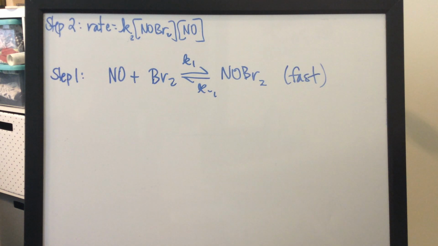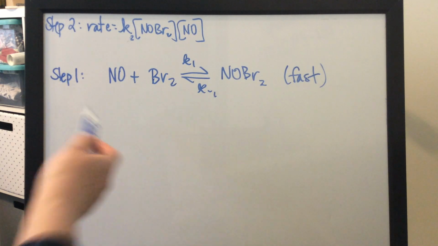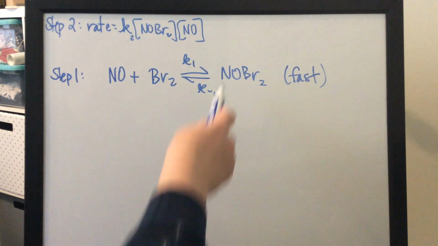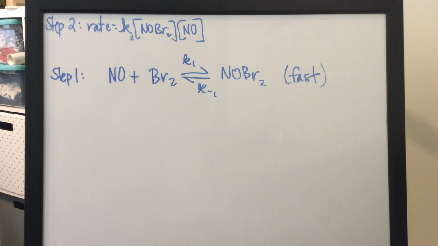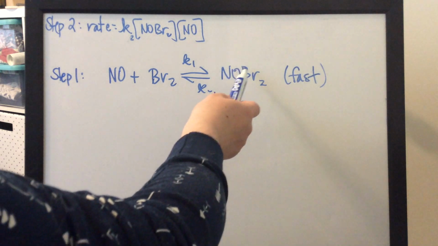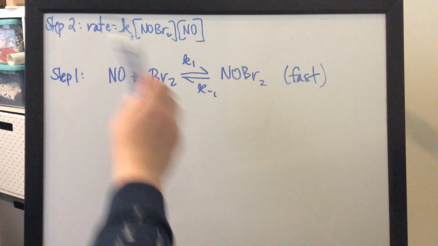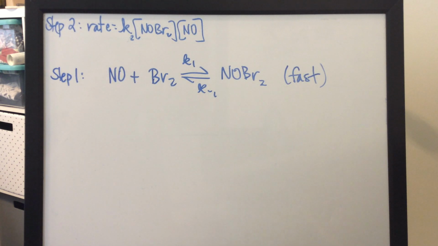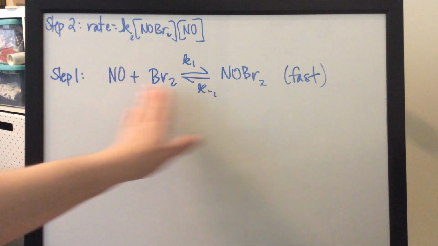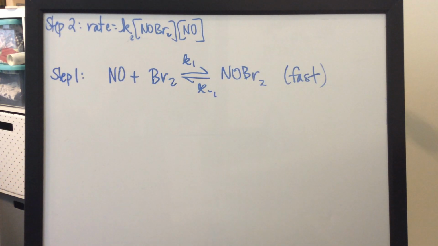So we have a couple assumptions to think about. And that is the fact that this intermediate can either do one of two things. Okay, it can either move forward into step 2, which I do not have written, but you can look at your paper. It can move forward into step 2 and react via the step 2 process, but remember, that's slow. Or it can fall apart, so the reverse of this first reaction, and recreate the Br2 and the NO. Okay, so it can either proceed via step 2, or it can kind of fall back apart to make the NO and the Br2.